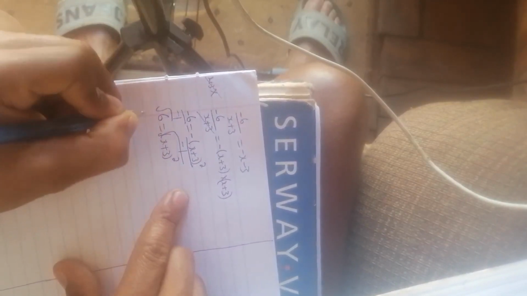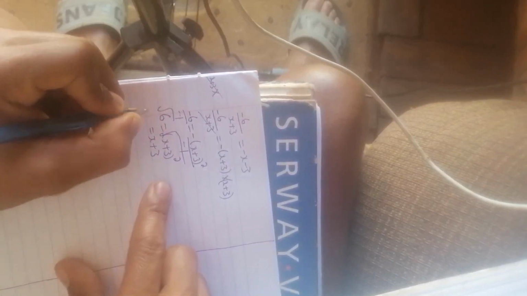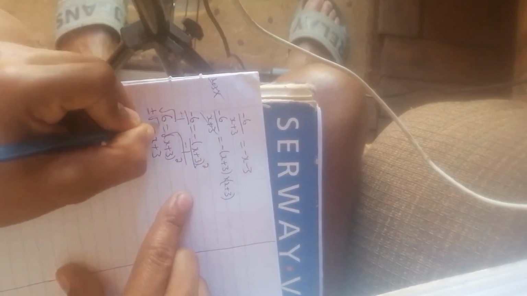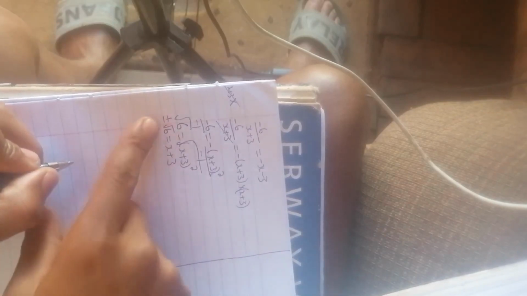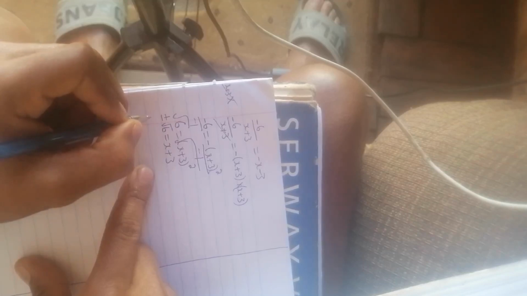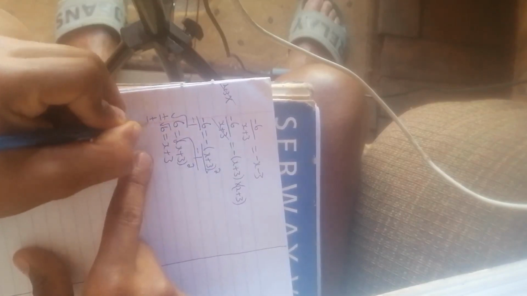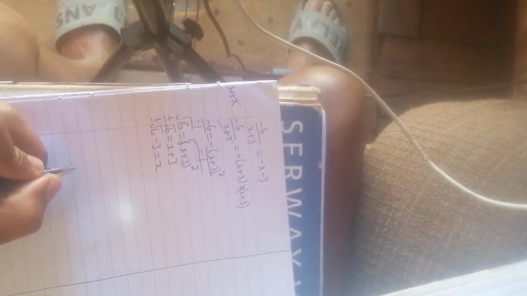I can square both sides, and I can have x plus 3 equals plus or minus the square root of 6. Okay, so that is fine. I can take this to the other side, so meaning I can have plus or minus root 6 minus 3 is equal to x.